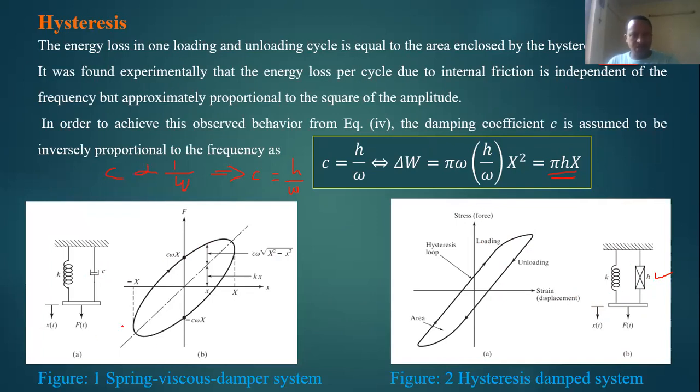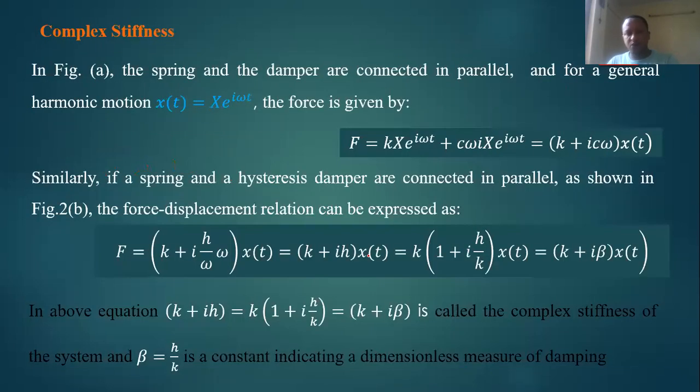This is for the spring dashpot system. So in this case, we directly substitute, instead of C, H over omega, so that it gives K plus iC omega, which is equal to K plus iH, because here it is K plus iC omega times x of t.